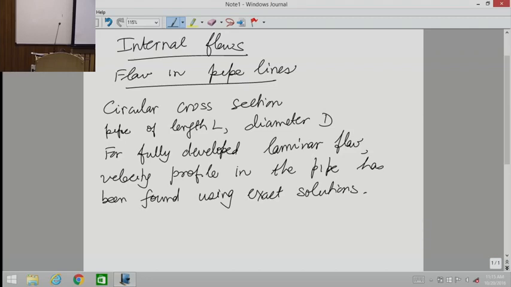I think in the tutorial class we did it for flow in a pipe which was fully developed, steady state. That's what is implied when we talk of laminar flow.